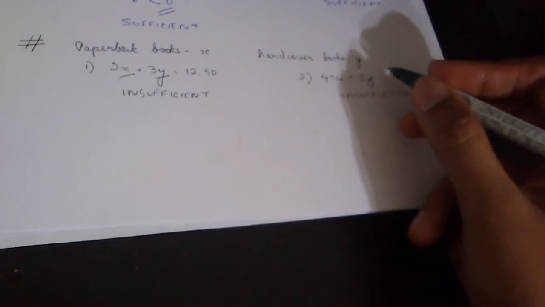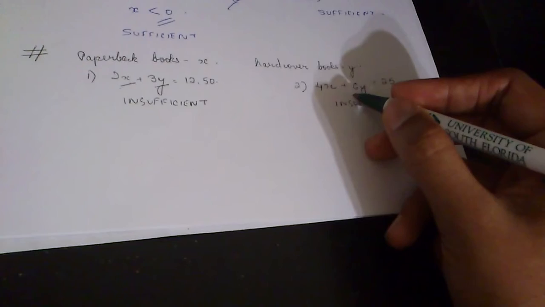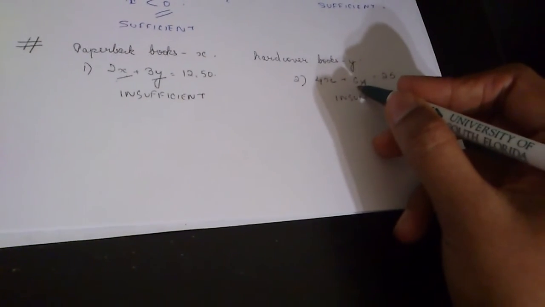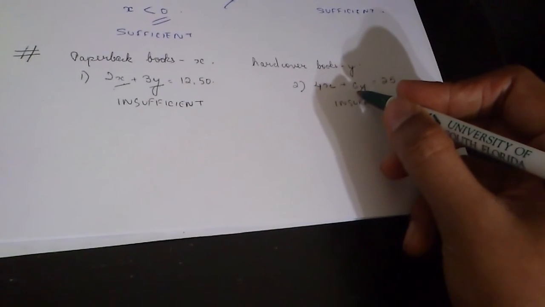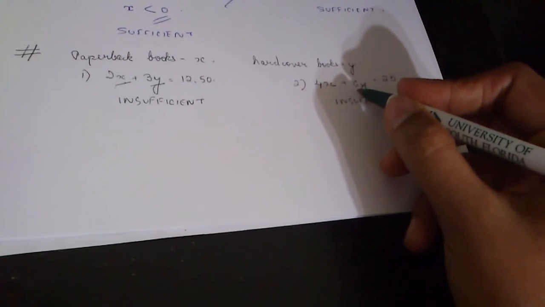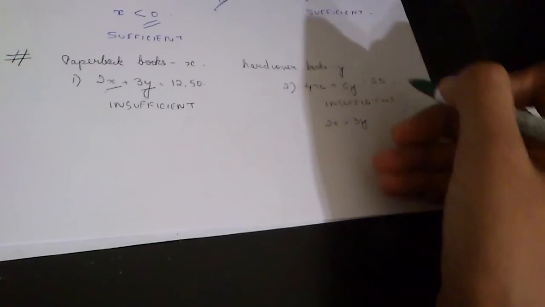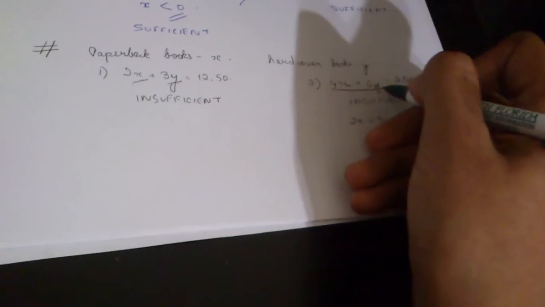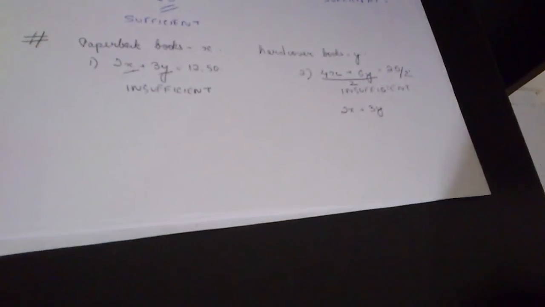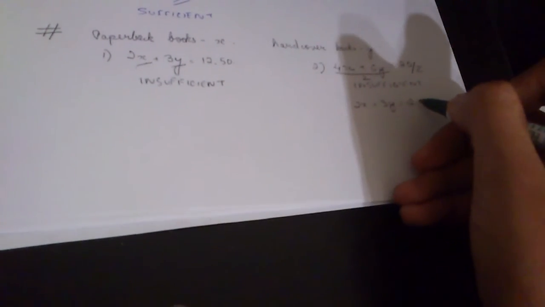However, if you look closely, 4x and 6y contain a common factor, that is 2. If I divide both sides by 2, I get 2x plus 3y is equal to 12.5, and that is the same as your first equation. So in reality, the first equation and the second equation give you the same information.